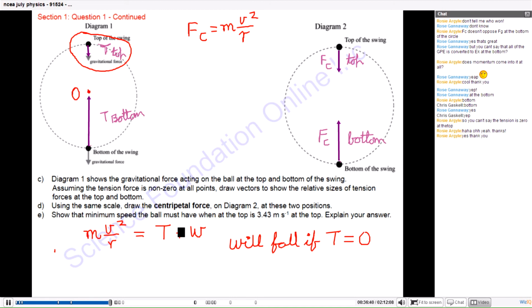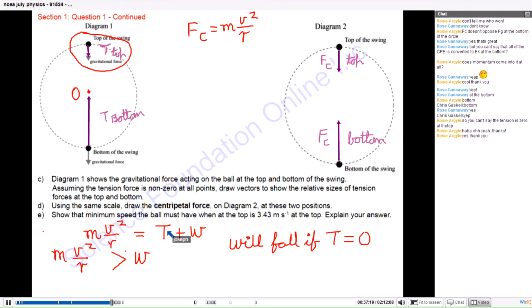So our mv squared on r, for T to not be zero, must be greater than W. Because if T is zero, it will be equal to W. But can T be zero?